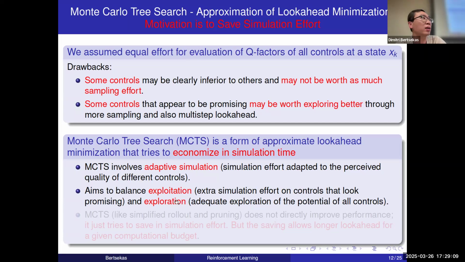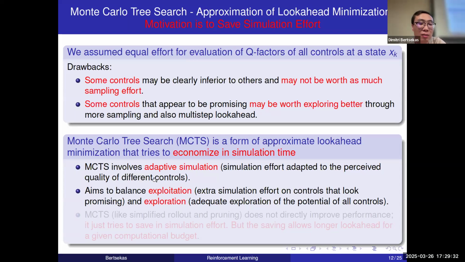In the offline training process, when you collect samples, you want adequate exploration in order to collect enough samples to get a good training process, be it for a policy or a cost function approximation.